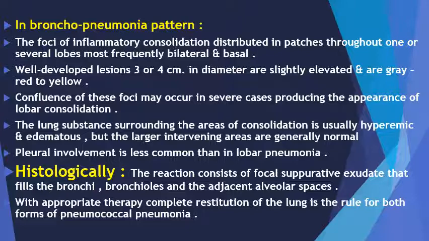Histologically, the reaction consists of focal suppurative exudate that fills the bronchi, bronchioles, and the adjacent alveolar spaces, because here the bronchi and bronchioles are involved. With appropriate therapy, complete resolution of the lung is the rule for both lobar and bronchopneumonia of pneumococcal pneumonia.